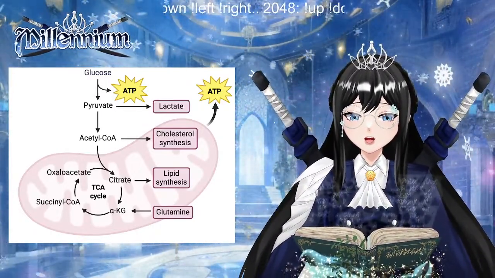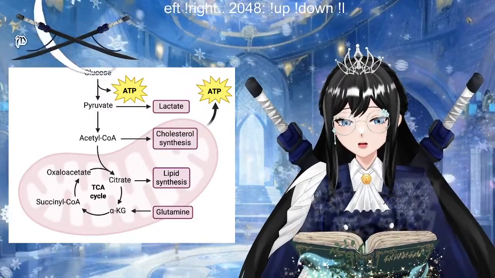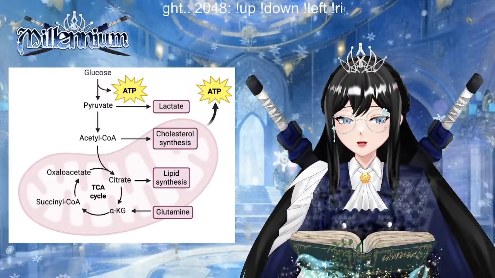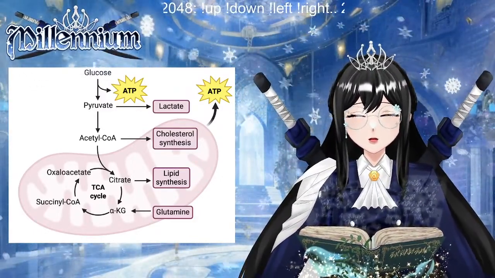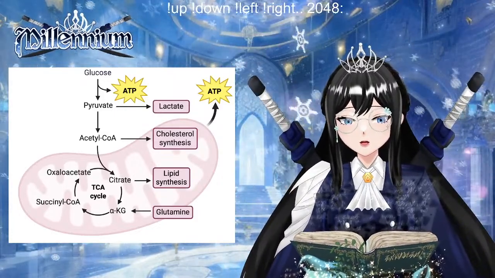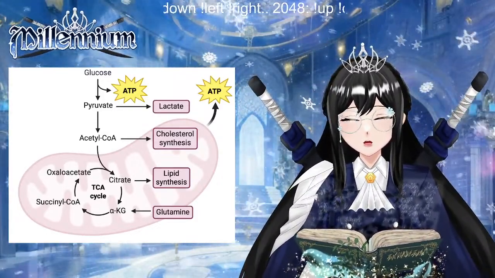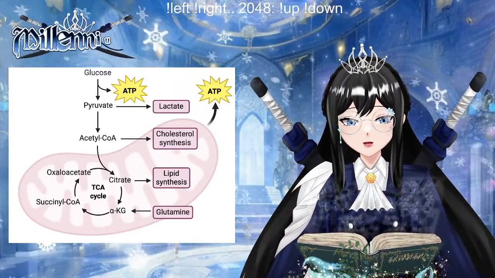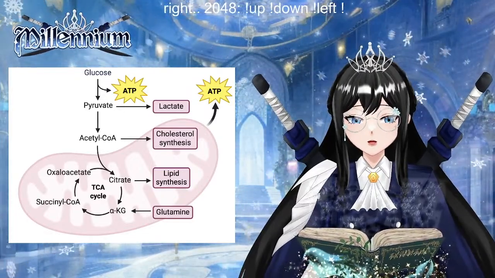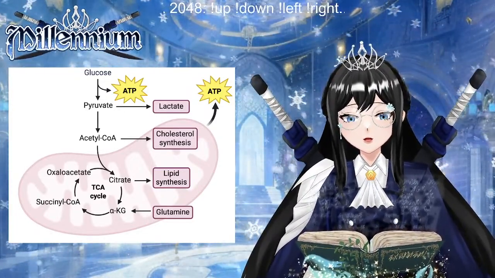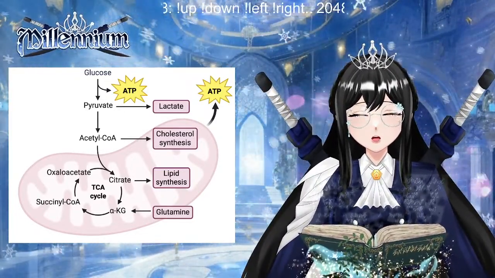Glucose is an aldohexose. It has an aldehyde at the carbon 1 position, and it's a very key source of energy in the body.